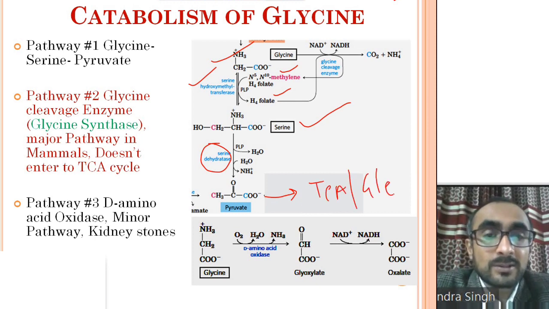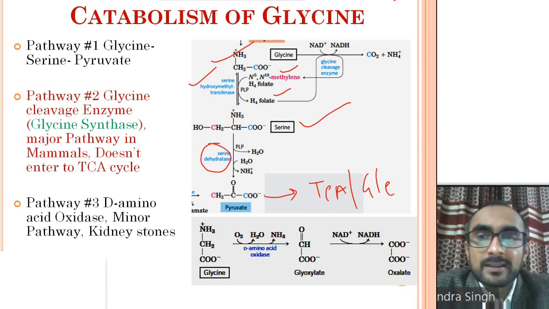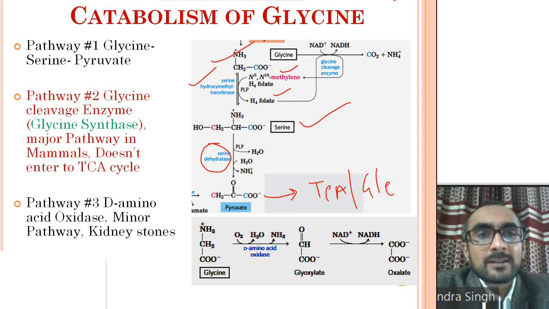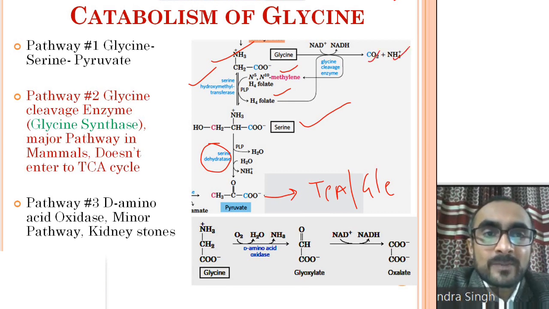This pyruvic acid can enter the TCA cycle, or it can be used for synthesis of glucose in gluconeogenesis. In the second pathway, which is more prominent in mammals, glycine is oxidized to carbon dioxide and ammonia in the presence of an enzyme called glycine cleavage enzyme, also known as glycine synthase. Glycine synthase oxidizes the alpha carboxyl group of glycine to carbon dioxide and the alpha amino group into ammonia.